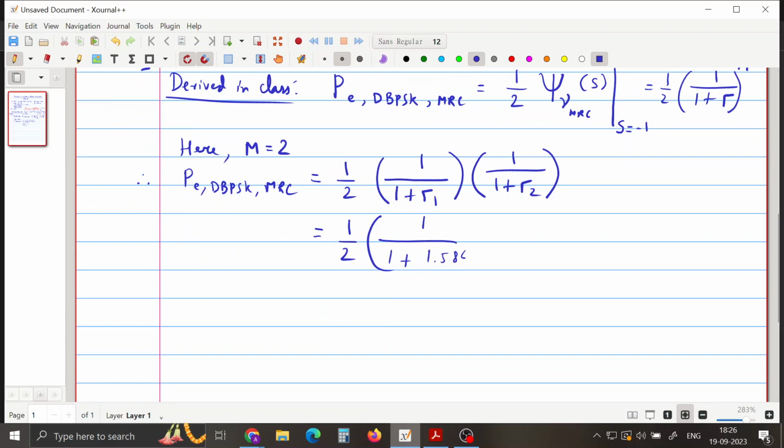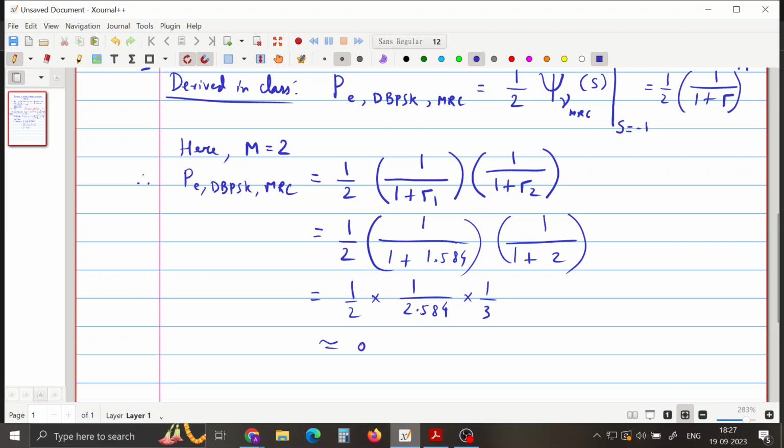I'll just put it here: 1 by 1 plus, gamma 2 is 2, that is half into 1 by 2.584 times 1 by 3.